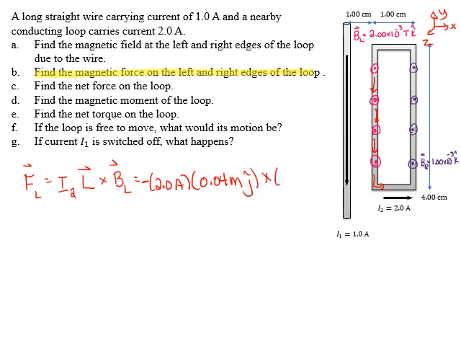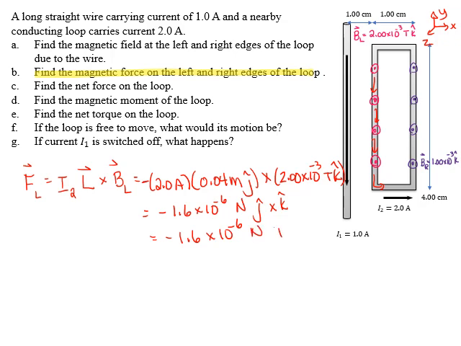That's crossed with the magnetic field, which is 2 times 10 to the minus 3 Teslas out of the page, K hat. So that gives us minus 1.6 times 10 to the minus 6 newtons, J cross K. J cross K is equal to I. And then if you did your right-hand rule, you would see that that points to the left, which matches our minus I that we found from the calculus. Okay, there's our F on the left side.